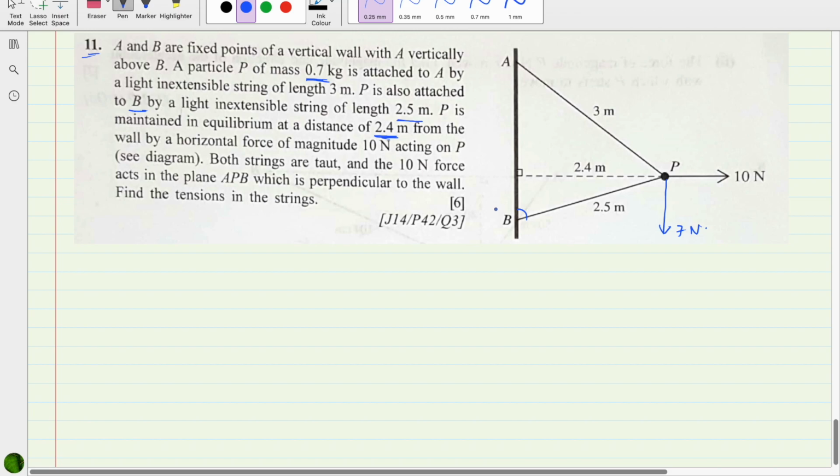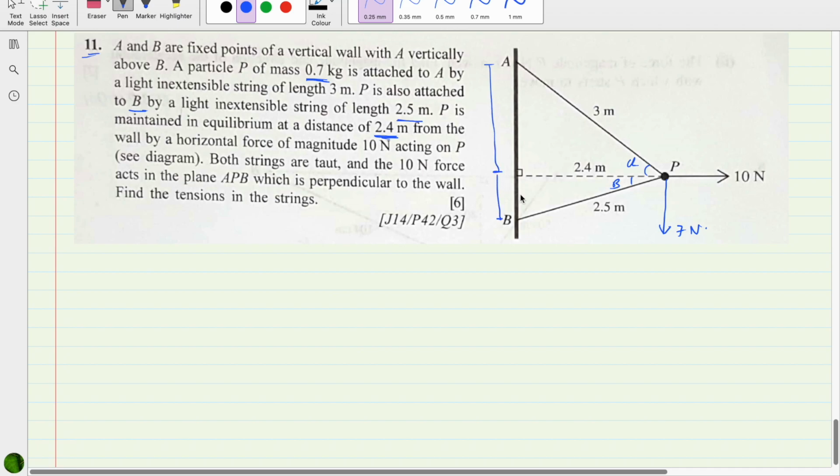Let's say this is beta and this is alpha. Or let me take it on the other side, because these lengths are known. Let's say this is alpha and this is beta.